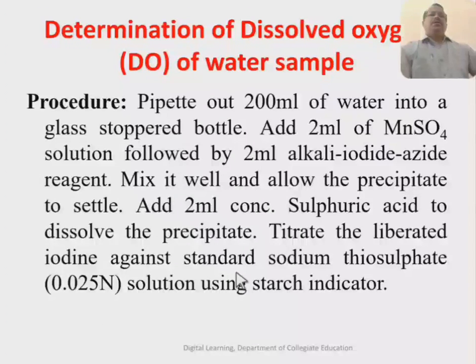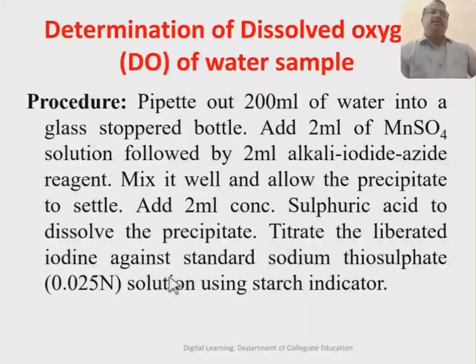starch indicator. The procedure is: pipette out 200 ml of water into a glass-topped bottle, add 2 ml of manganese sulfate solution followed by 2 ml of alkali iodide azide reagent. Mix it well and allow the precipitate to settle. Next, add 2 ml of concentrated sulfuric acid to dissolve the precipitate.